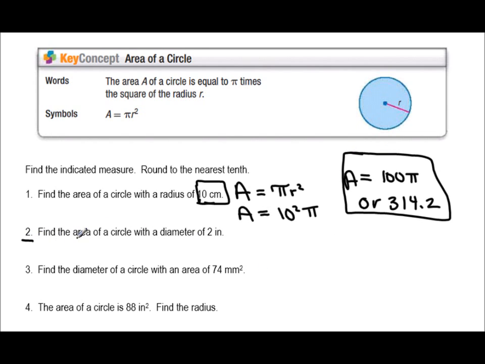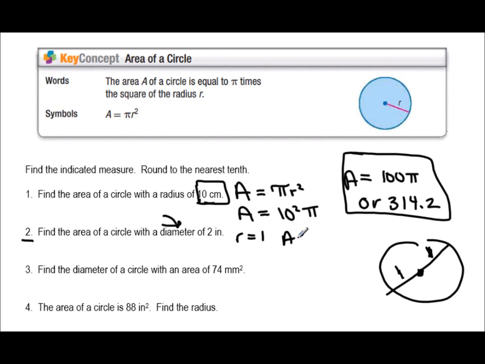Alright, so number 2, this time they give us the diameter. And like I said, you can't go back and forth between radius and diameter. You have to have the radius for the area formula. So remember that if you have a diameter of 2, then half of it is 1 and the other half is 1. So the radius of this circle would be 1.